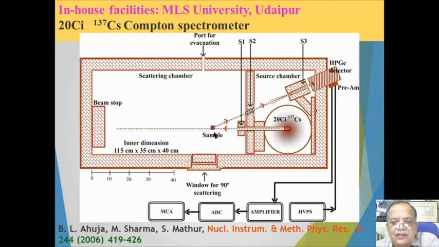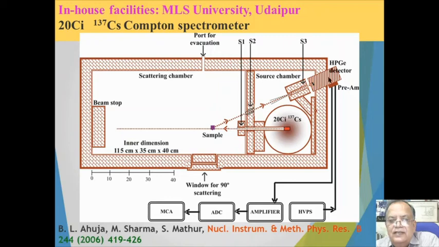The sample is kept here, and the scattered radiation after certain slitting, so you have Soller slits here, goes like this, and here you have a high purity Ge detector, which is mostly imported from USA, from Canberra or Ortec, standard firms in USA.